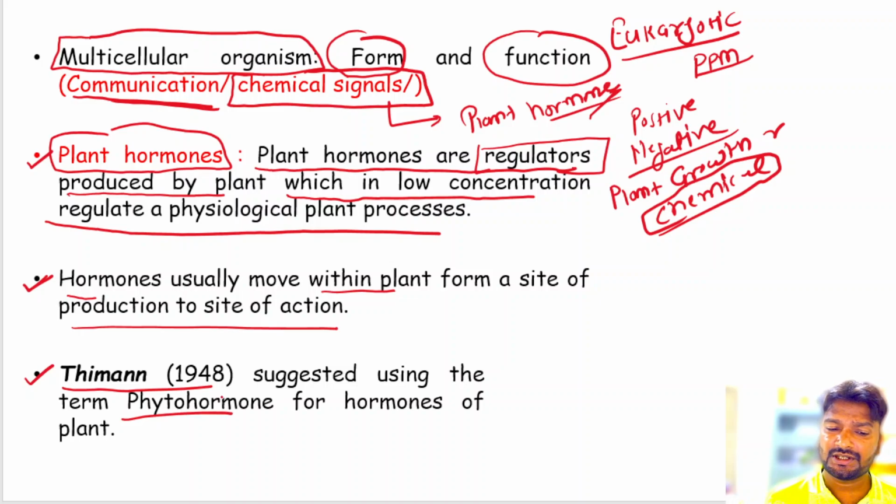Who first gave the term phytohormone? Heman. So these are some basics. First, plants are multicellular organisms, so their cells have different forms and functions, so they need communication and chemical signals in the form of plant hormones. Second, plant hormones are produced by the plant in low concentration and regulate certain physiological processes. They are different from plant growth regulators, because plant growth regulators can be any chemical substance which regulates plant growth, and plant hormone is one of the plant growth regulators. So this is about the basics of the plant hormone.